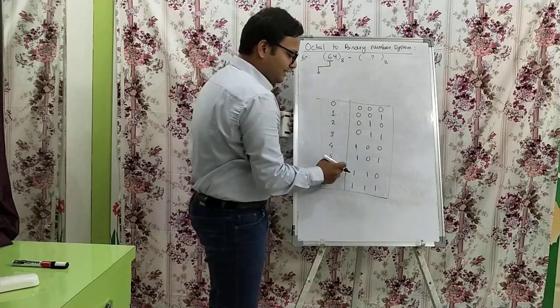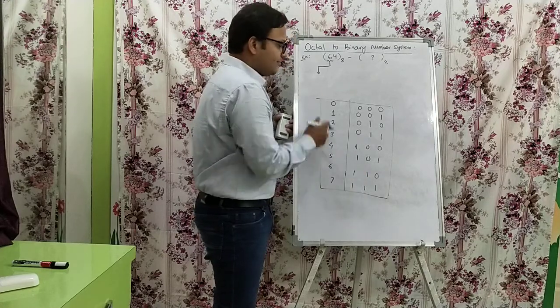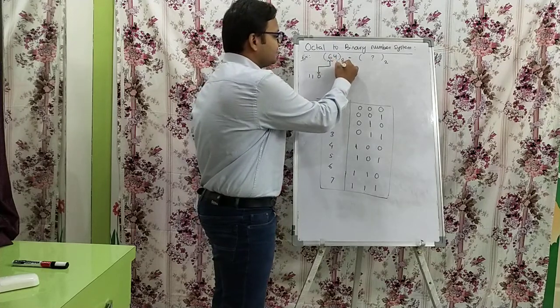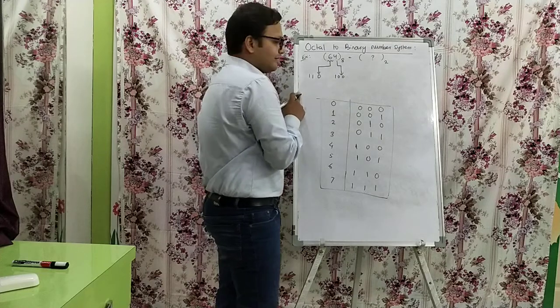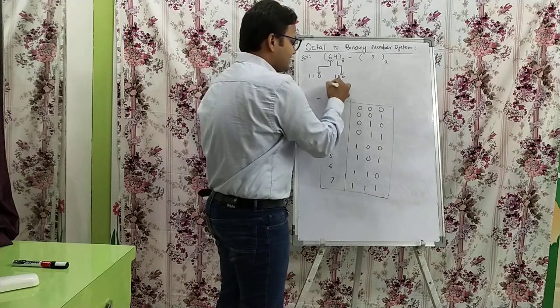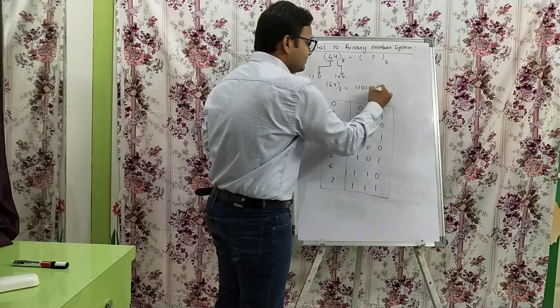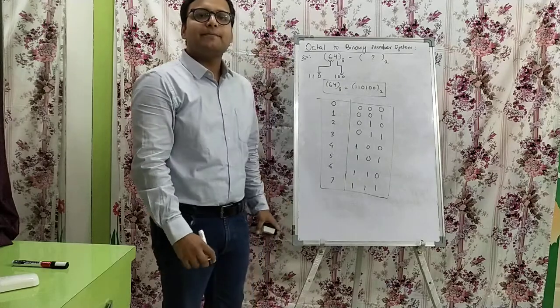So 6, what is the weighted binary value from octal to binary? You have to see the conversion table and write it down. Next 4 is 1, 0, 0. Then what will be my answer for 64 base 8? Nothing else, just write them together. So this is my 64 base 8 in binary.